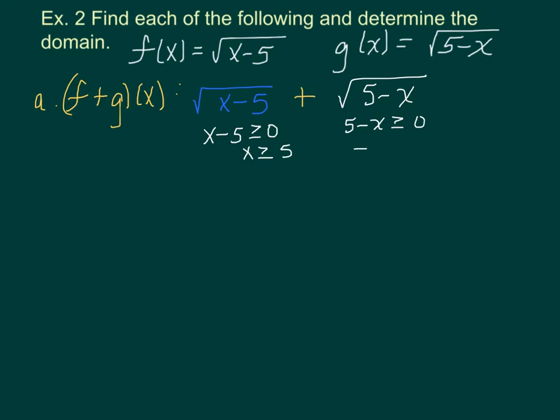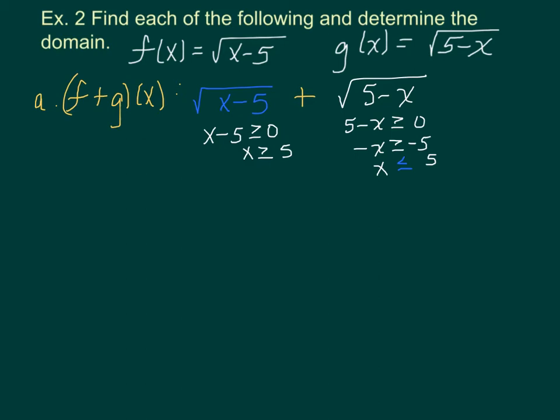In this domain, when I subtract 5, I am now dividing by a negative, which means this inequality has to flip. Okay? So whenever you divide by a negative, that inequality has to flip. So in this domain, my x values have to be smaller than or equal to 5.